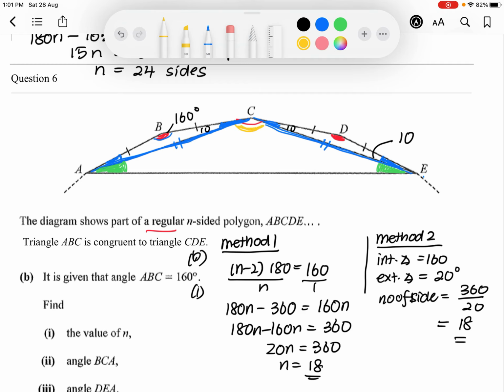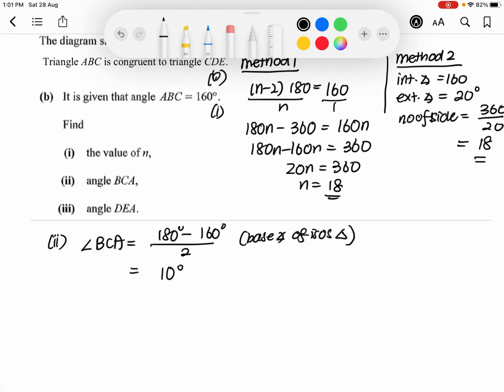The whole interior angle of the regular polygon is 160, and we have this part to be 10 and this part to be 10. So the angle ACE will be taking the whole interior angle, subtracting away the two small base angles, and we have the angle to be 140 degrees.